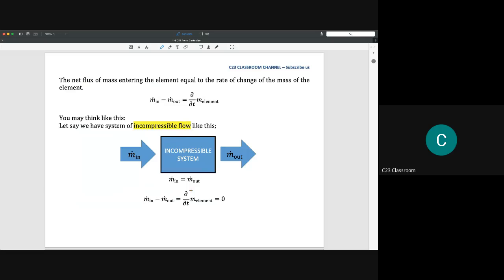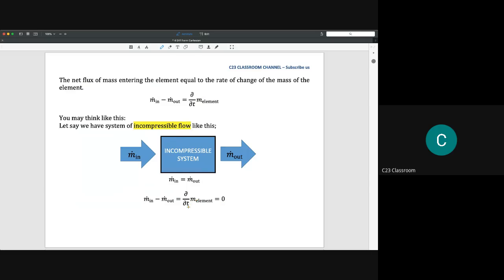Okay, in this situation, if we try to link this idea to this basic equation, we could write m dot in, the mass flow rate at inlet, minus m dot out, the mass flow rate at outlet, is equal to dm over dt, which is equal to 0.